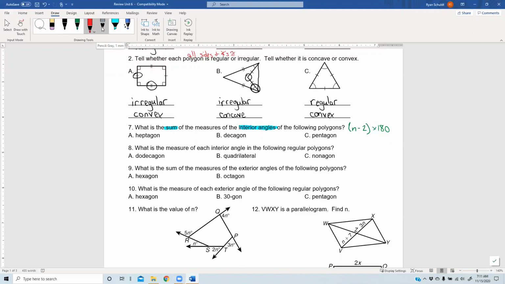So let's look at a heptagon. How many sides does a heptagon have? 7. So I'll have to come in here and go 7 minus 2 times 180. If I calculate that, I'll get 900 degrees.